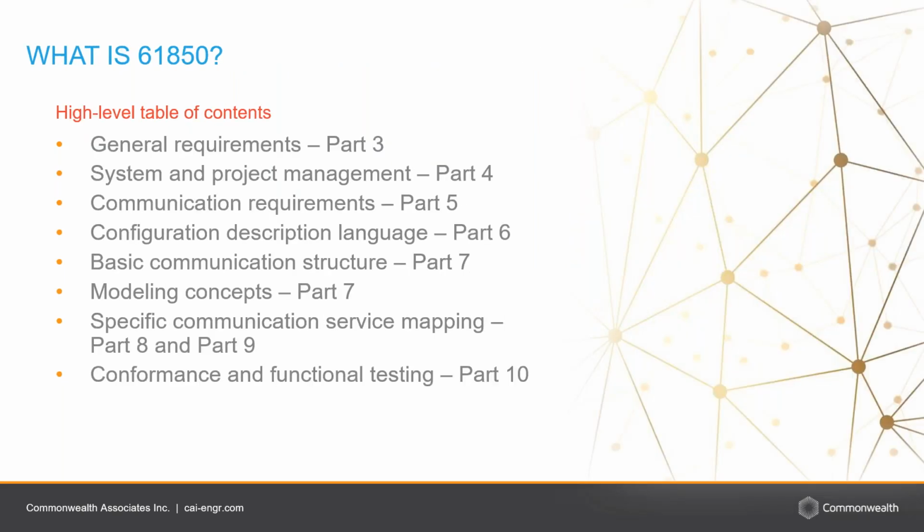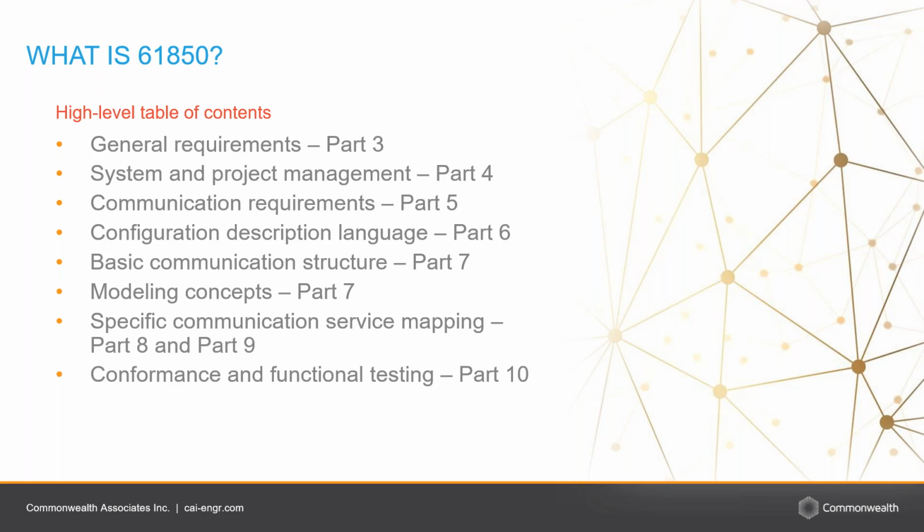Okay, let's briefly go over the contents of the suite of standards which make up 61850. The stated scope of 61850 was communication within the substation. Various aspects of the substation communication network are defined in various parts of the standard.